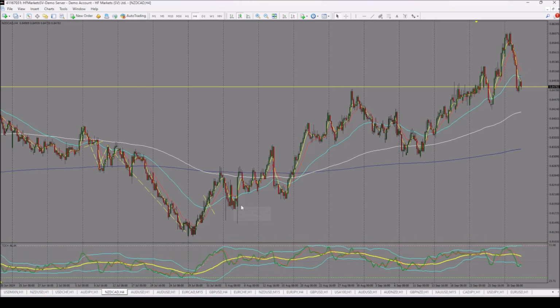But on the pullback, we can see that there were these spikes. These were news related. Whenever we have news related spikes, it's going to be detrimental to our point of entry. Therefore, this was actually a day whereby we must have stayed out of the markets. If ever you were in the markets, you were going to lose.